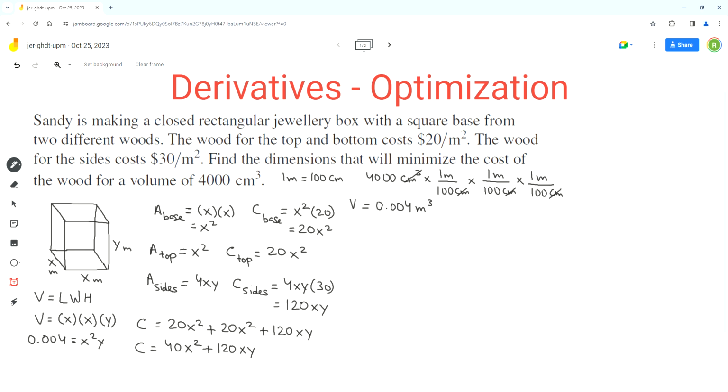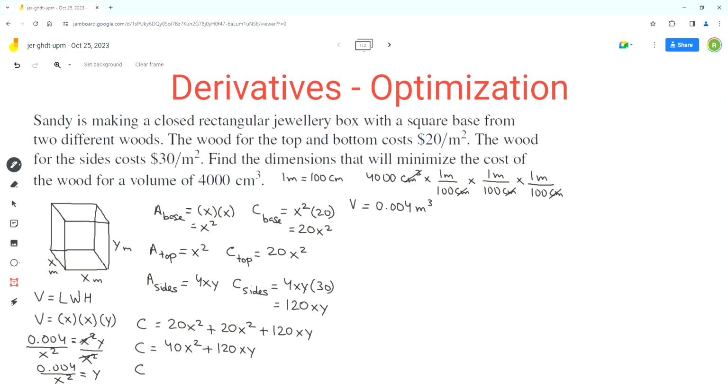We can isolate y in this volume equation by dividing both sides by x squared. The x squared on the right side will cancel each other out, and we get 0.004 over x squared equals y. So we'll do this substitution for y.